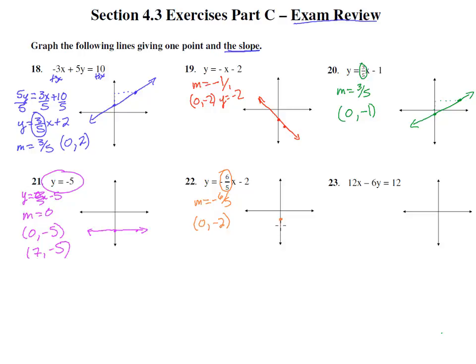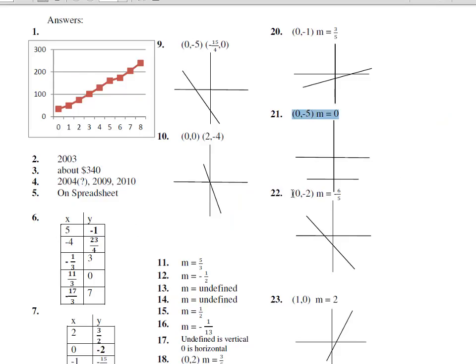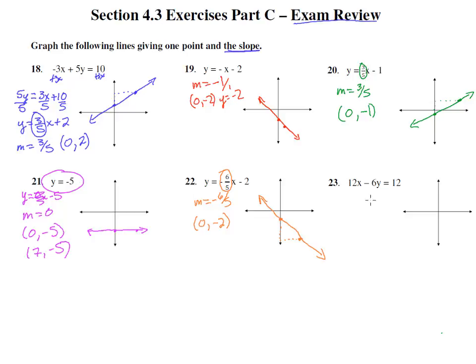So we go down 6 over 5. And there's our next point. 2 points now, make a line. A little crooked, but it should match. Let's check our answer. 22 is 0, -2, and a slope of -6/5. Excellent.